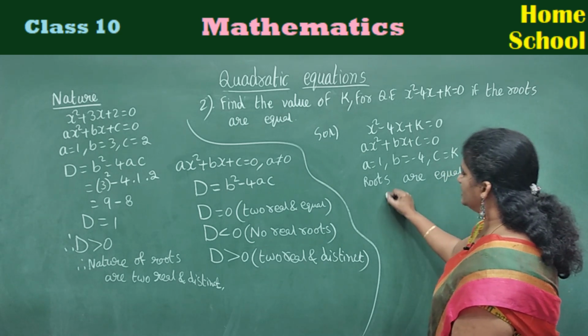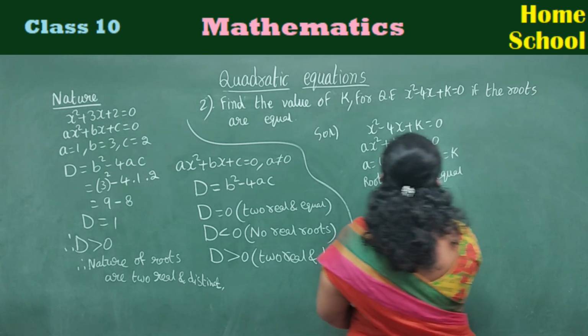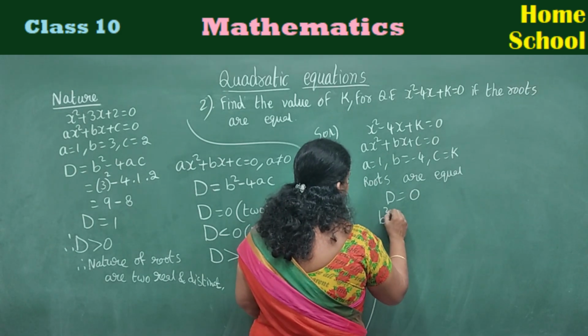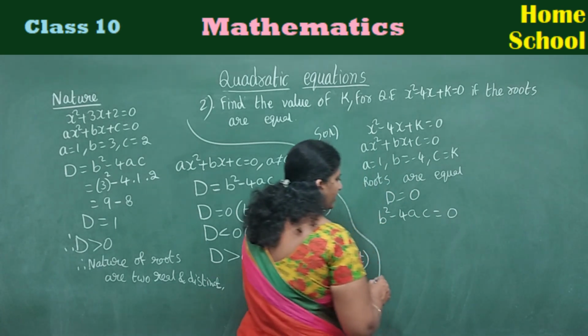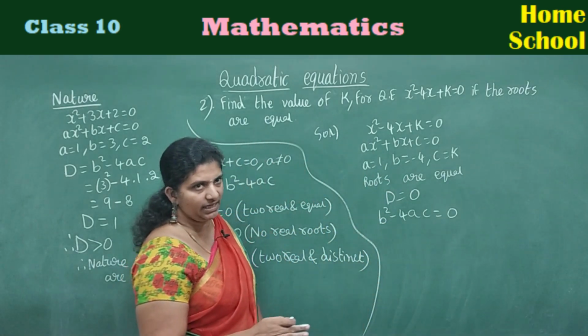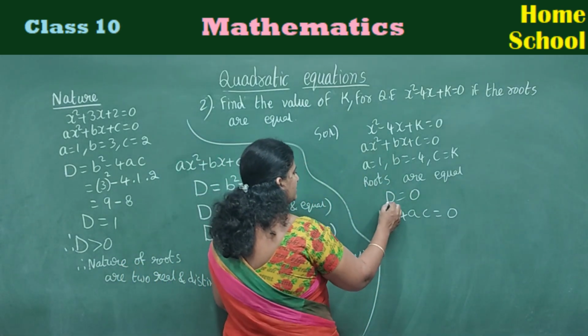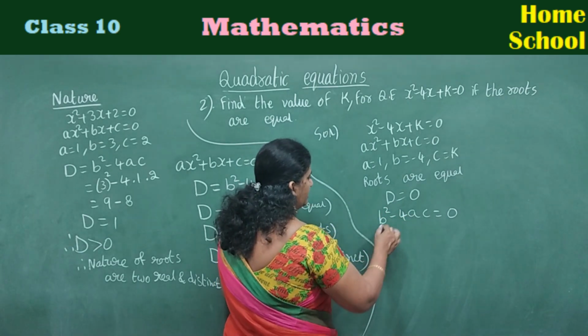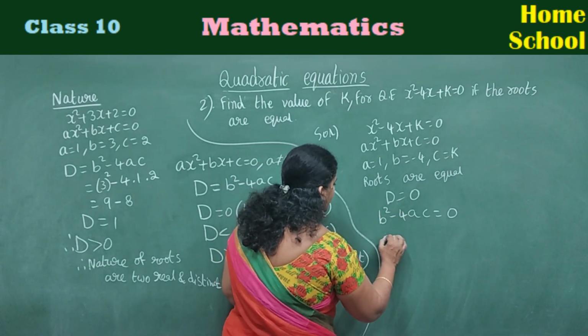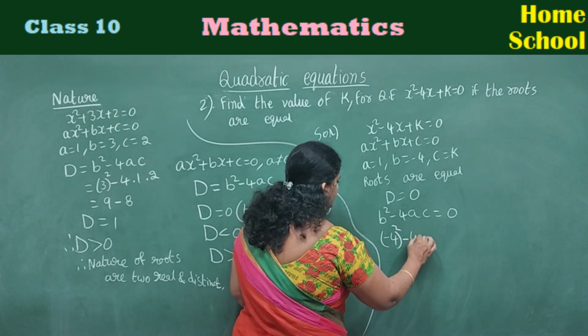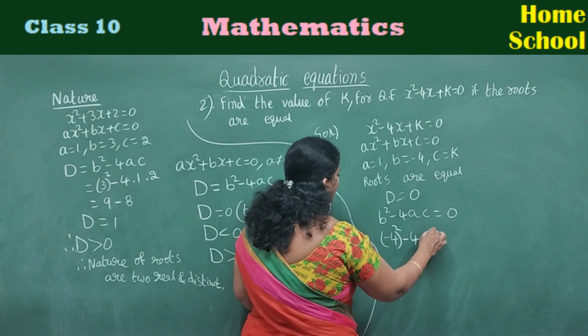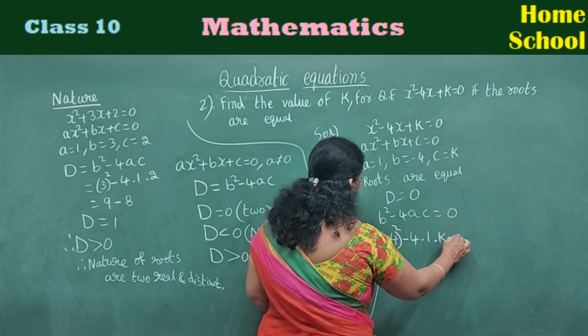Roots are equal means discriminant equal to 0, that is b square minus 4ac equal to 0. Right? Discriminant value is b square minus 4ac. Substitute: minus 4 whole square minus 4 into a value is 1, c value is k, equal to 0.